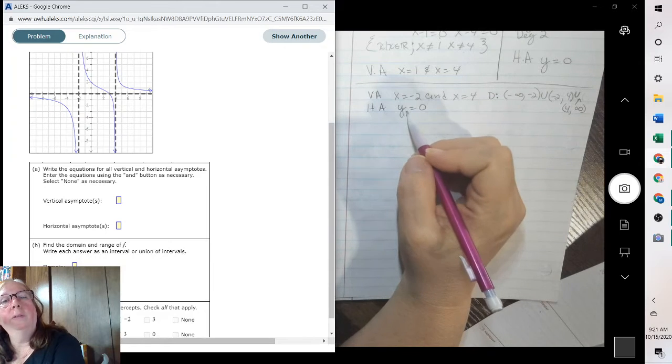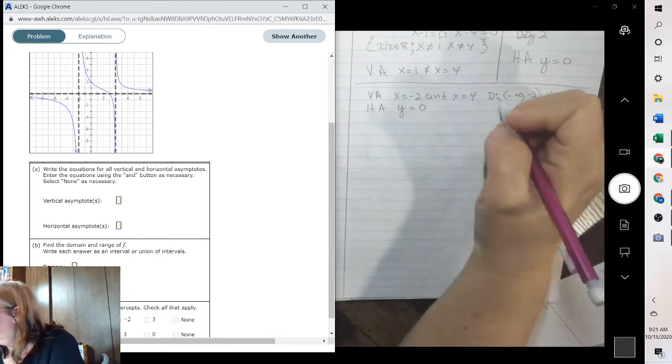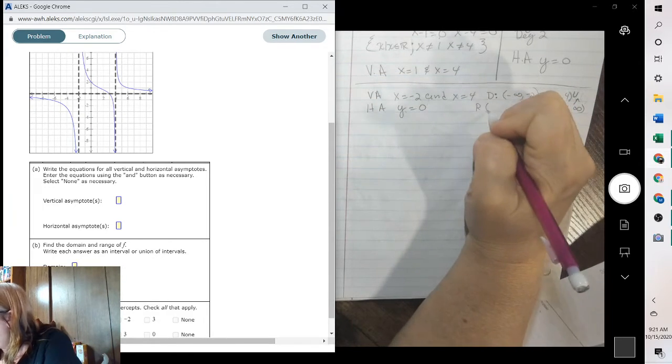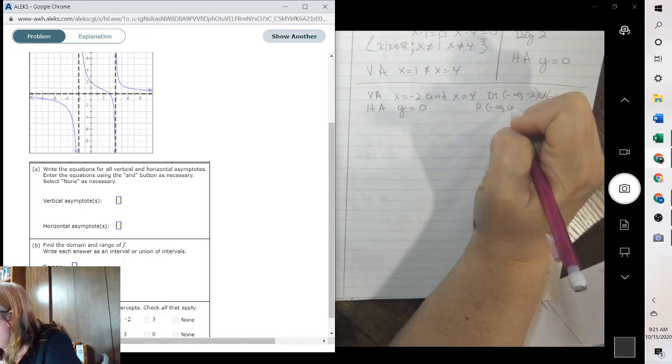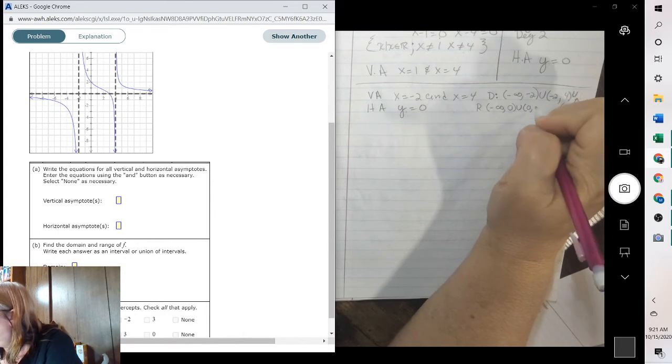The horizontal, the only thing omitted is 0. So that gives us our range, negative infinity to 0 and 0 to infinity.